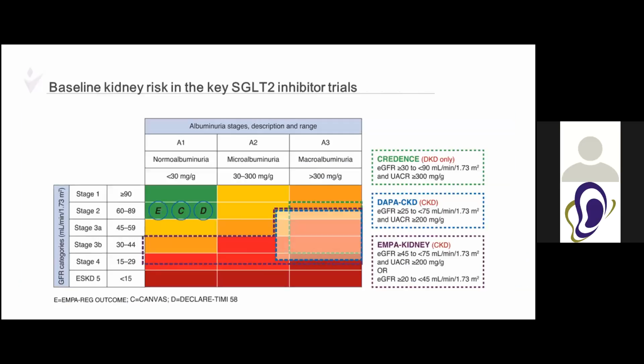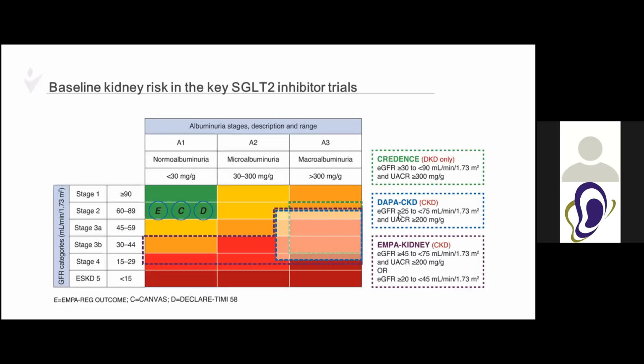So the baseline risk, if you remember your heat map, stages of kidney disease by amounts of proteinuria, and you'll recall that the CREDENCE study is actually looking at people who had GFRs between 30 and 90, and urine ACRs that were high.